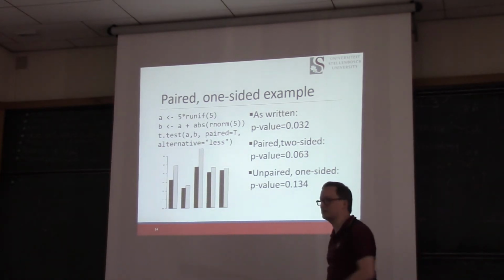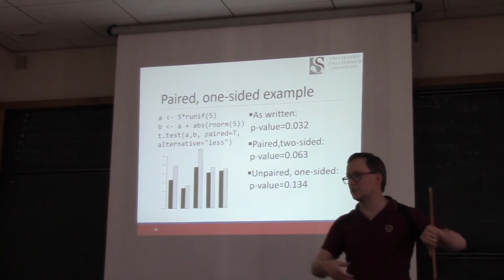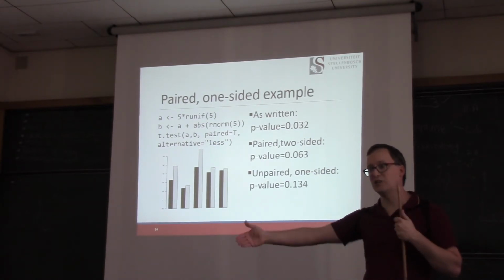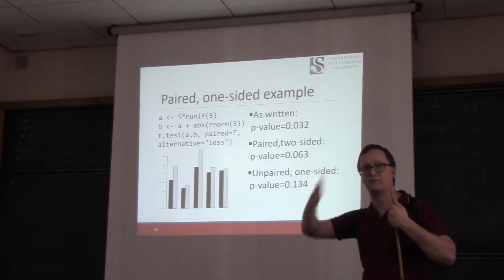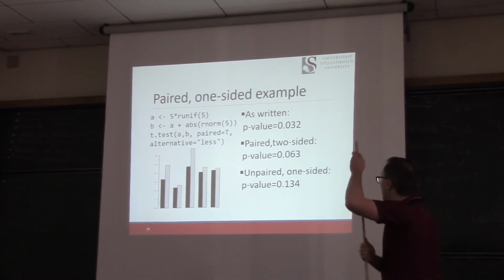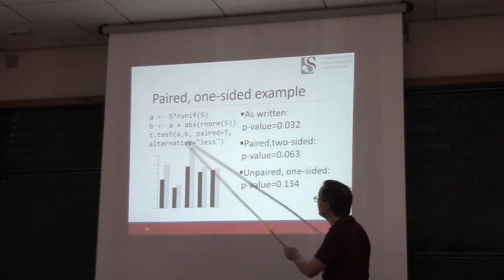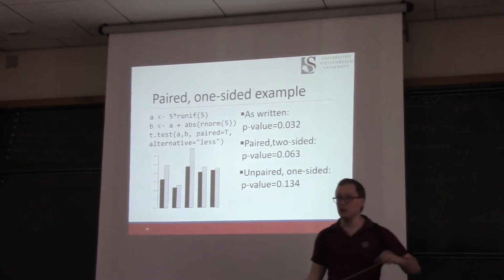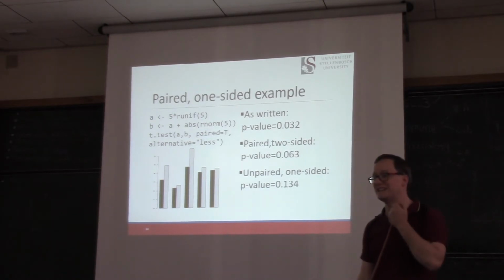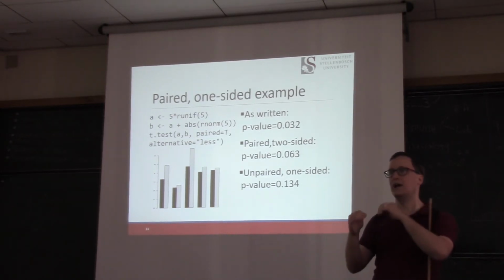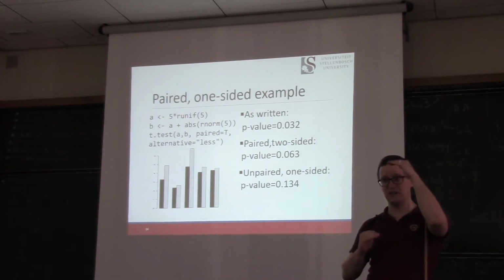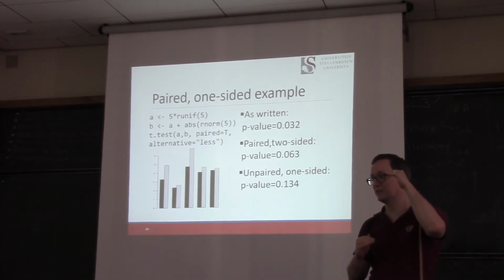So now we want to ask, did the process of this experiment, the thing that changed from the value at A to the value at B for each individual, have an impact? And we're doing so using an alternative hypothesis of less. We're saying that we anticipate these numbers are going to increase.